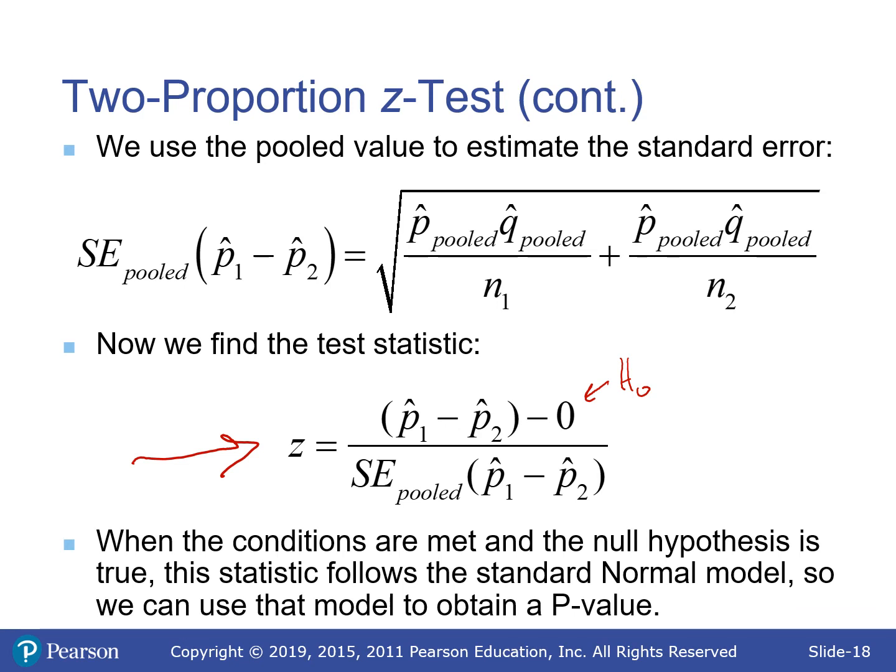The z-score is the same z-score we had already. We would take it to table A, find the p-value, and interpret that against an alpha level, because when the conditions are met, it should be normal, so we get the p-value.